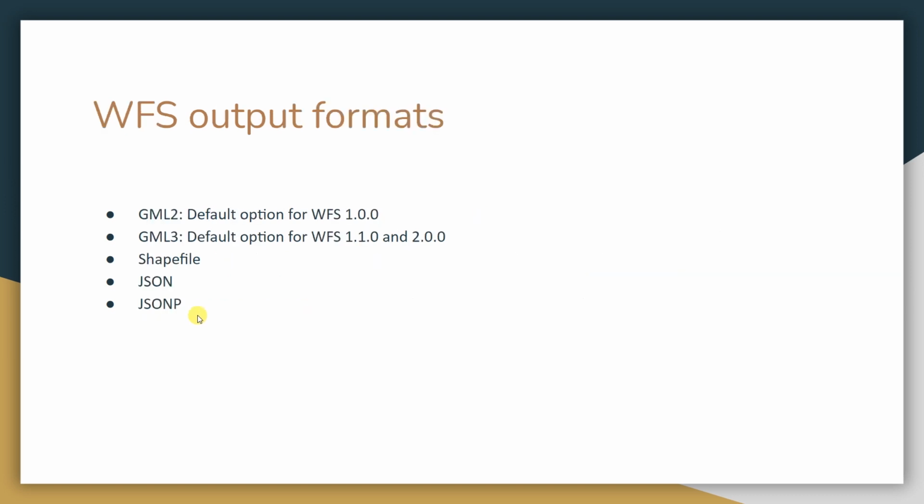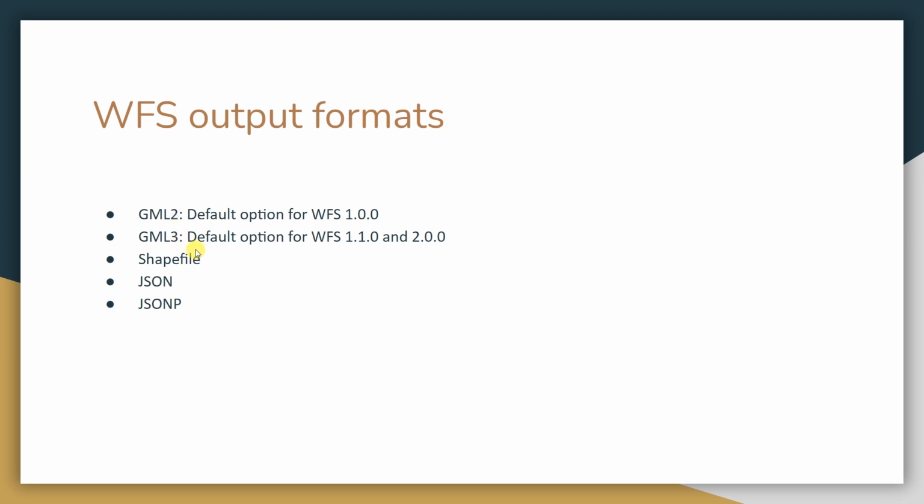And here are the most commonly used WFS output formats. GML2, which is the default output format for WFS 1.0.0, and GML3, which is the default option for 1.1.0 and 2.0.0. These two output formats we do not use much, because they are XML-type languages, so we don't need this data for a web-GIS application.